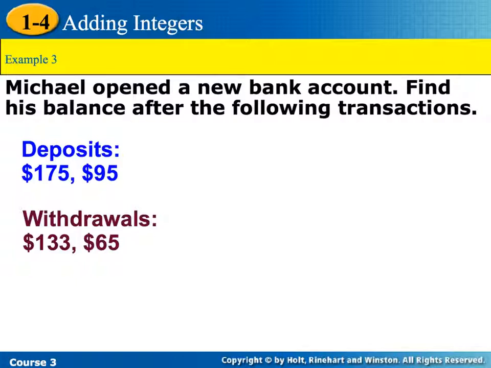Withdrawals are where your bank account goes down. What I want you to do is assign these integers, either positive or negative values, and then find the balance after Michael made all of the deposits and all of the withdrawals. Pause the video right now and give this a shot.